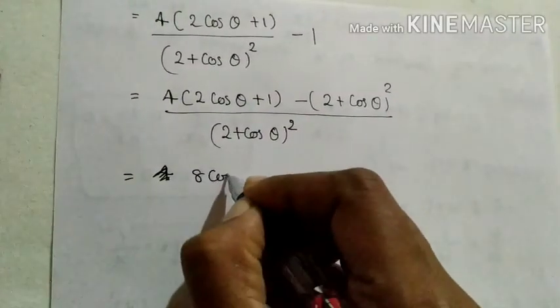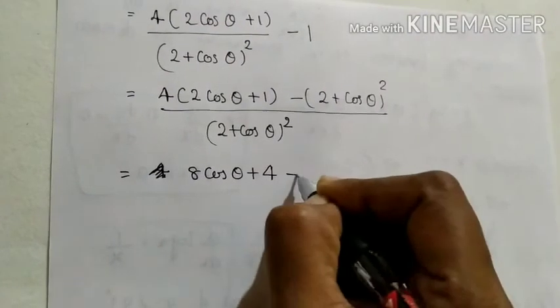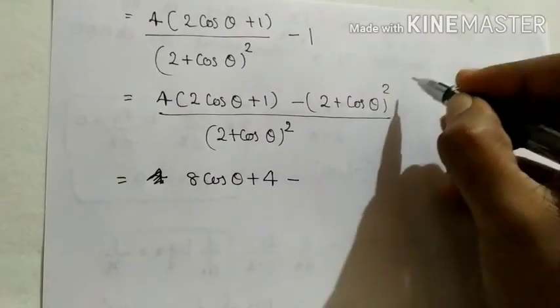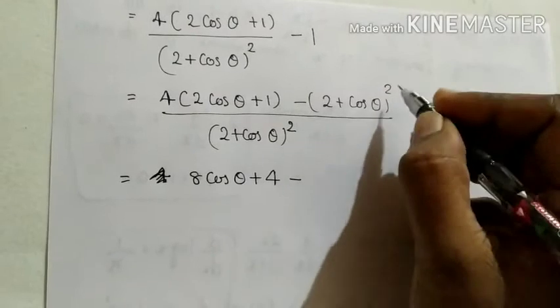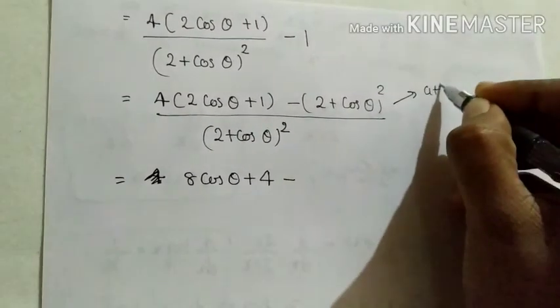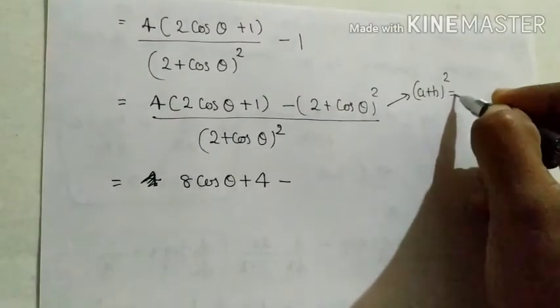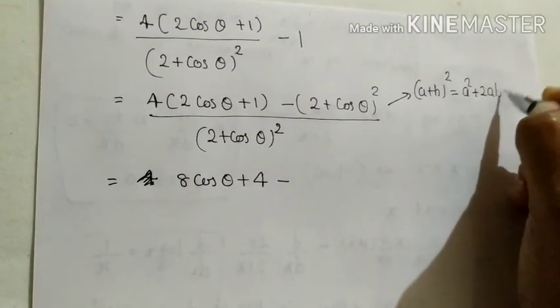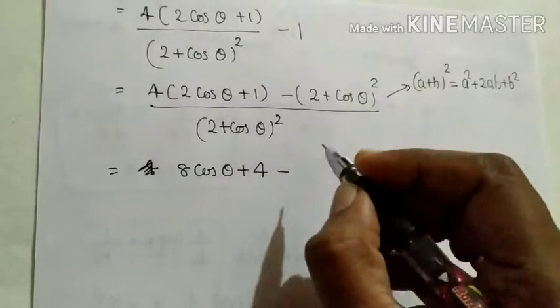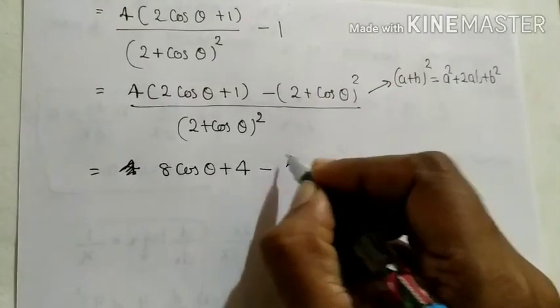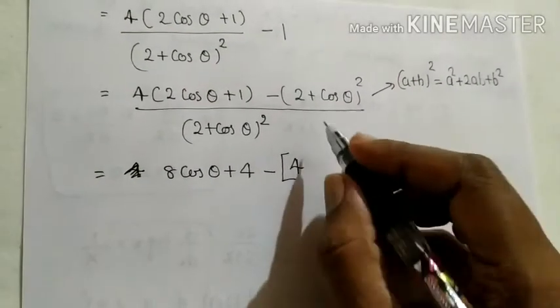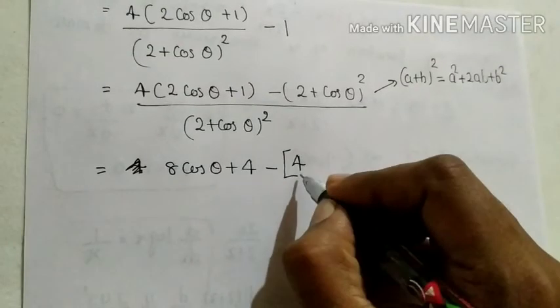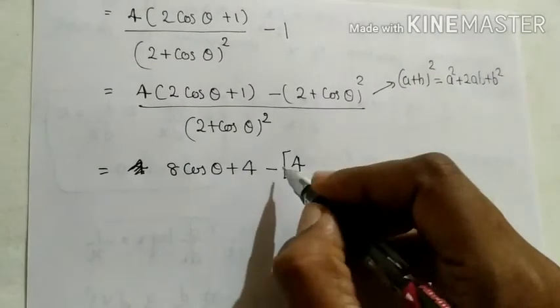8 cos theta plus 4 minus, expanding 2 plus cos theta whole square by using a plus b whole square. We know that a plus b whole square is a square plus 2ab plus b square, right? So here we get 4. Don't forget to write this bracket because the negative is here.